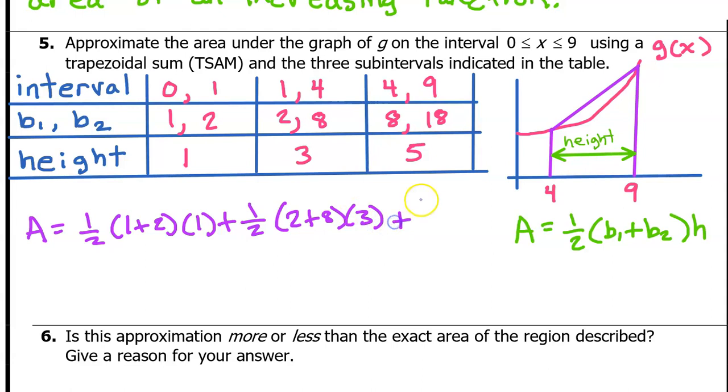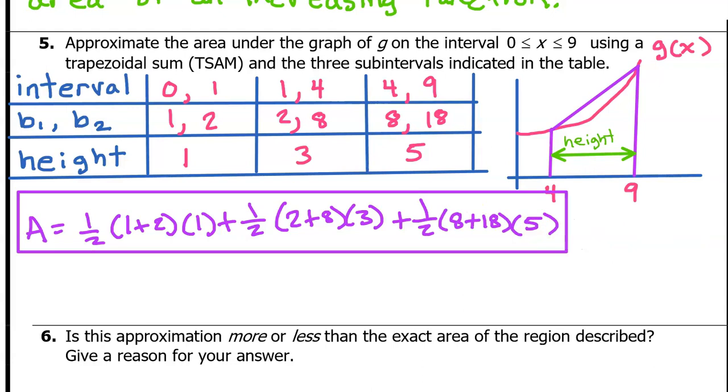And then one more 1/2 base 1 plus base 2 times the height. You could leave your answer like this.